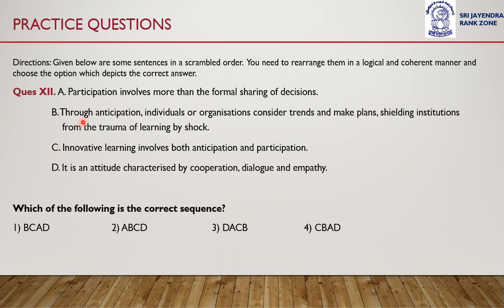After that, through anticipation, individuals or organizations consider trends and make plans, shielding institutions from the trauma of learning by shock. So C will be followed by B. Participation involves more than the formal sharing of decisions.